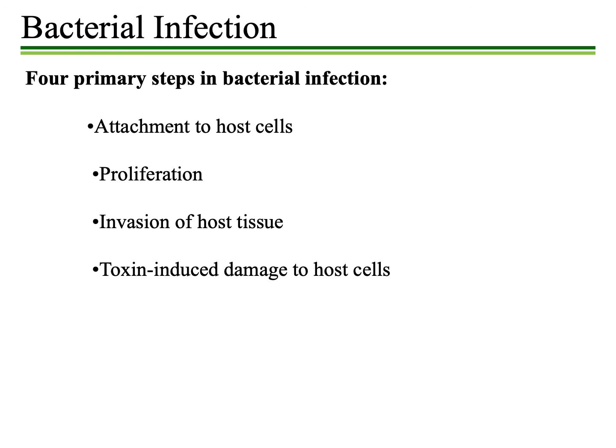So for step 1 in bacterial infections, the attachment of the cells to the host cells, this is blocked by the production of host IgA. The IgA is the secretory antibody, and the secretory antibody being produced should bind to the bacterium and neutralize the bacterial pathogen and not allow the bacterial pathogen to enter.